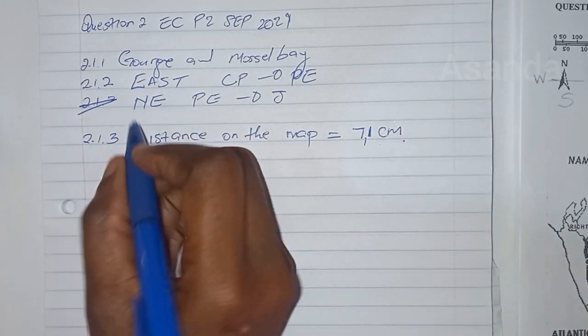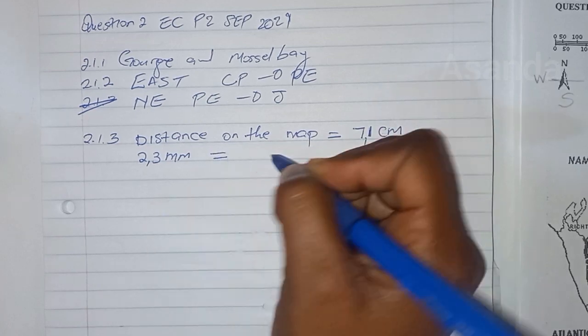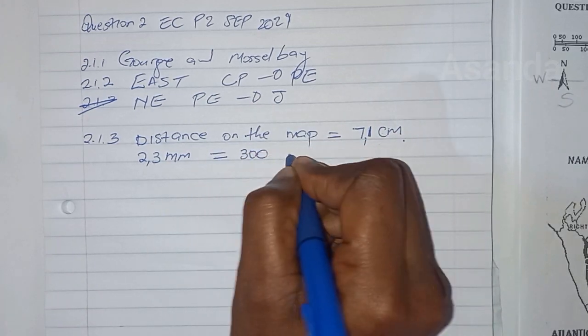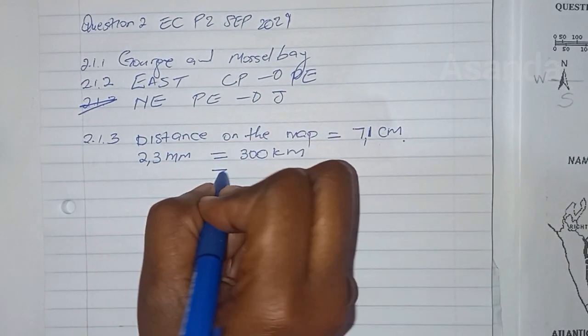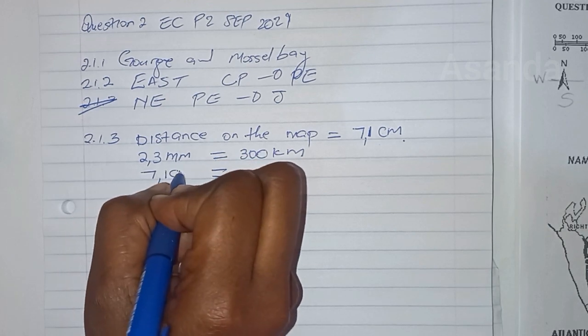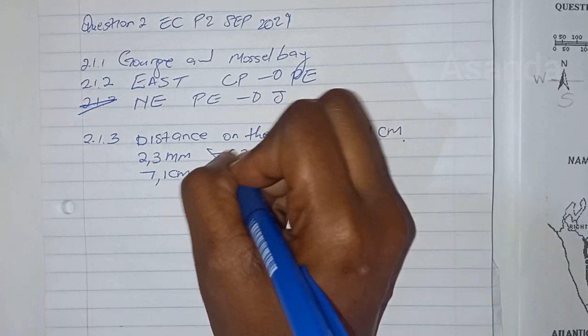So let's go there. 2.3 centimeters is equal to 300 kilometers, right? And then we have the measurement of the plan, which is 7.1 centimeters, and I do not know what it is in real life.